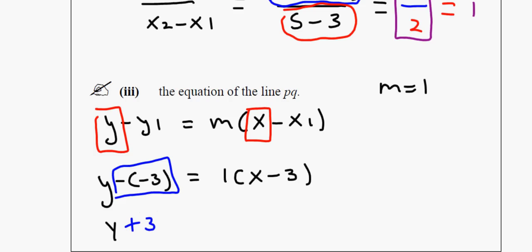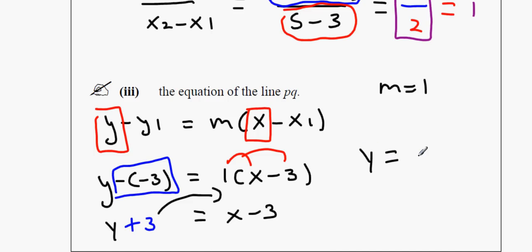All we got to do is multiply these out now. 1 multiplied by x is still x, and we're going to have x minus 3. I want you to bring over the 3. When you bring over the 3 to the other side, it becomes a minus number. Okay, and then we're going to get y equals x minus 6.